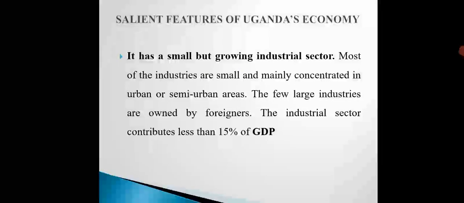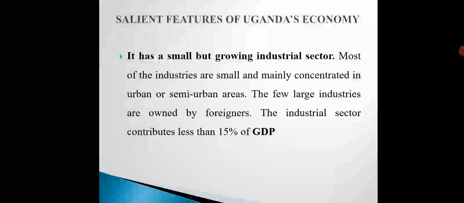Then the other feature is it has a small but growing industrial sector. Most of the industries are small and mainly concentrated in urban or semi-urban areas. The few large industries are owned by foreigners, and the industrial sector contributes less than 15% of GDP. So in Uganda, we have the industrial sector.